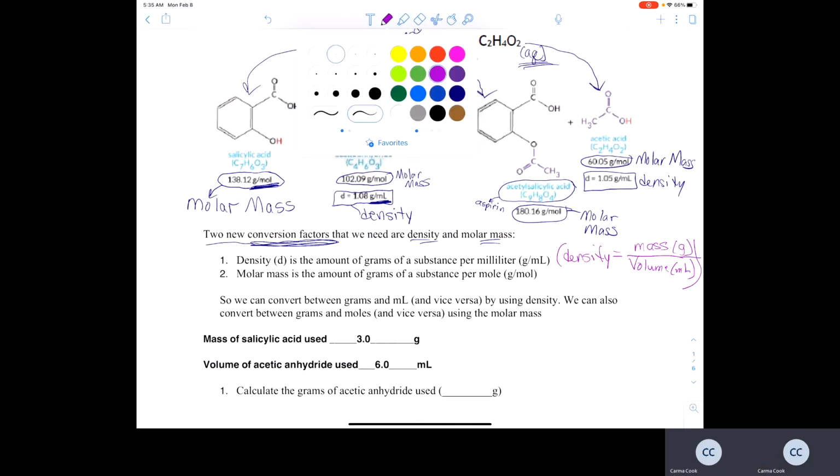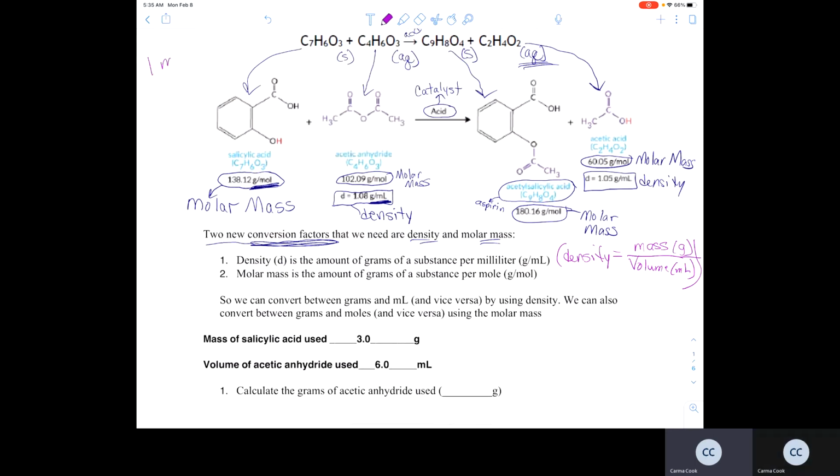And so 1 milliliter is the same thing as 1 cubic centimeter. So density units of grams per milliliter means the same thing as grams per cubic centimeter. A milliliter and a cubic centimeter mean exactly the same thing.